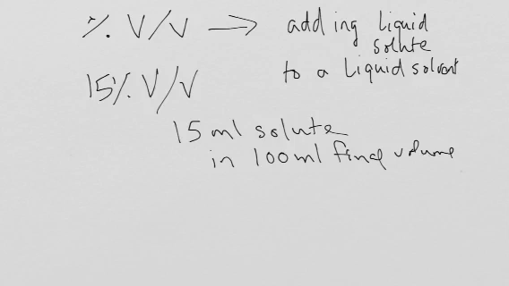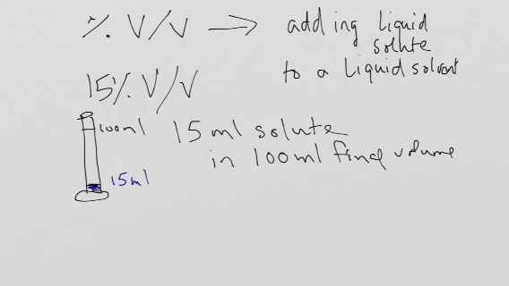So if I have a beaker here, a graduated cylinder, I'm going to put my 15 milliliters. So down here is my 15 milliliters of my solute. And then because it's a percentage, I know that my final volume has to come up to 100. 100 is up here.